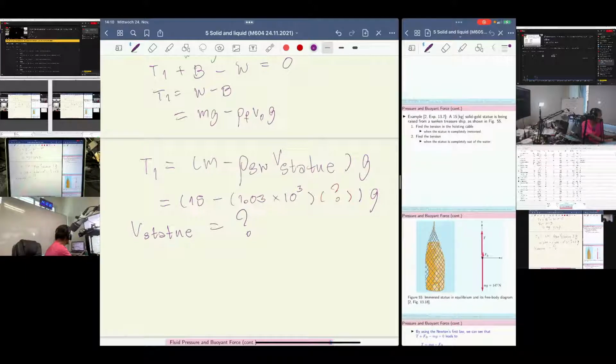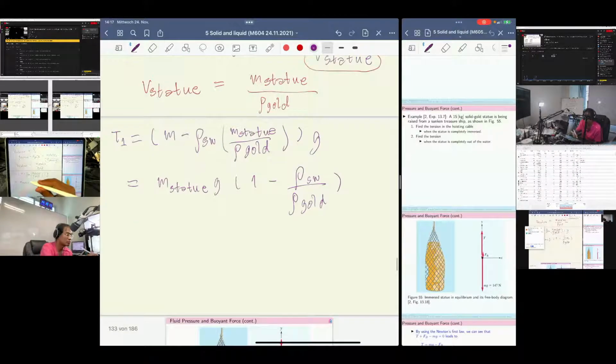We're going to have mass of statue times G, times 1 minus rho of seawater divided by rho of the gold. We get that, right?